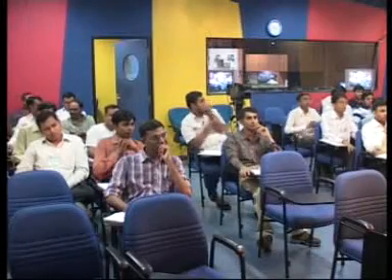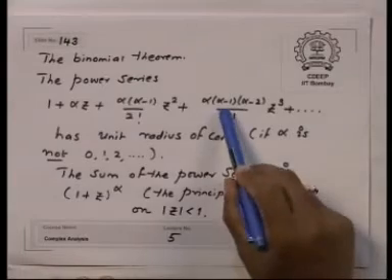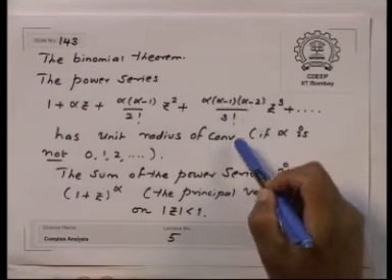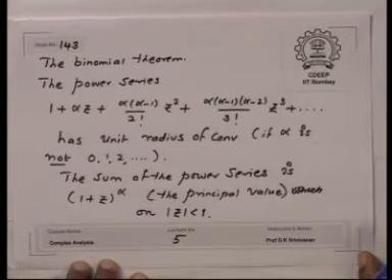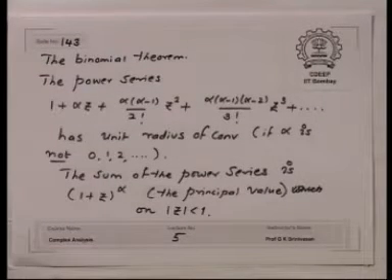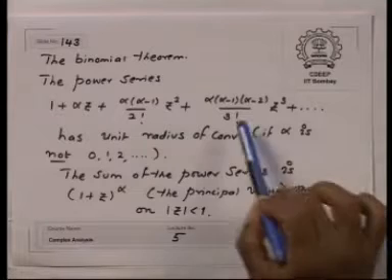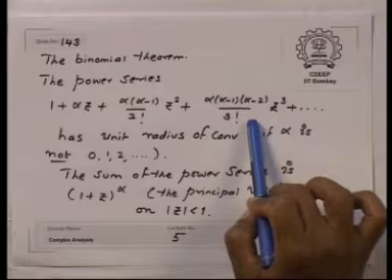Now the binomial theorem. The binomial theorem is a very important theorem. The power series 1 plus alpha z plus alpha(alpha minus 1)/2! z squared plus alpha(alpha minus 1)(alpha minus 2)/3! z cubed, etc., has unit radius of convergence if alpha is not equal to 0, 1, 2, 3, etc. Because if alpha equals 0, 1, 2, 3, the series will terminate and it is a polynomial, as expected.